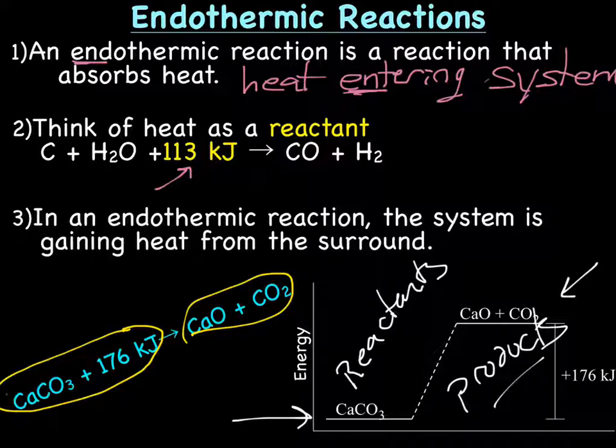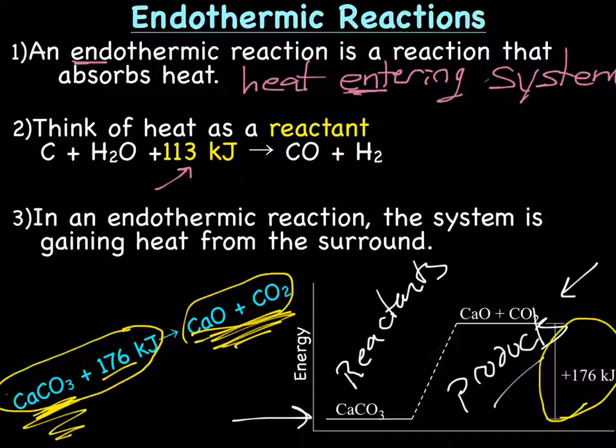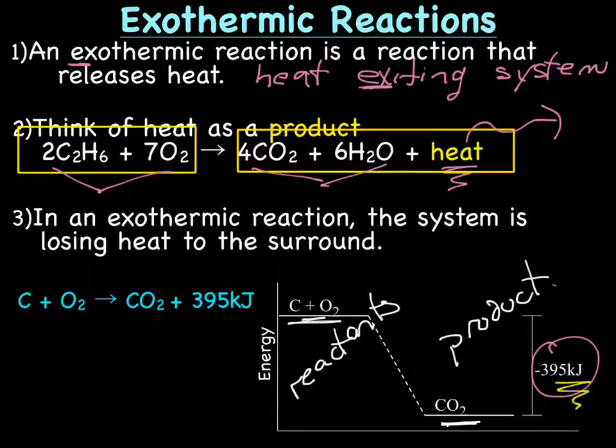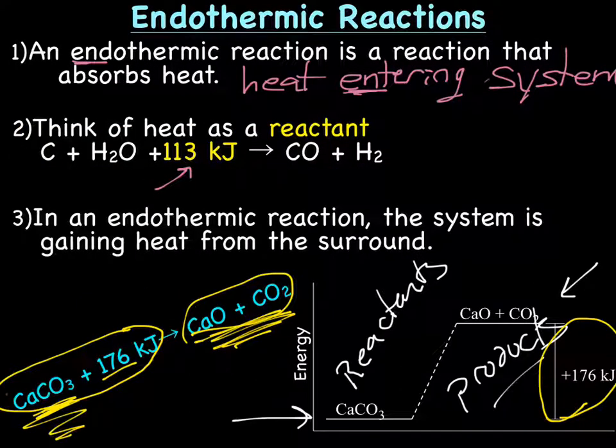But because we're adding heat here, if we just talk about the molecules, this has less energy than those two, okay? So the change going from reactants to products, the change in energy, is a positive number, positive 176 kilojoules. So if you have a positive change in temperature, which we'll talk about in a few minutes, you have an endothermic reaction. If you have a negative change in temperature or in energy, you have an exothermic reaction. And we'll go ahead and end part 1 of the lecture here.